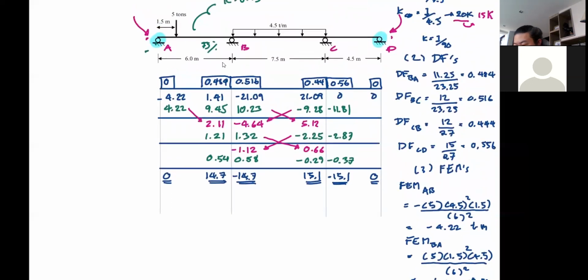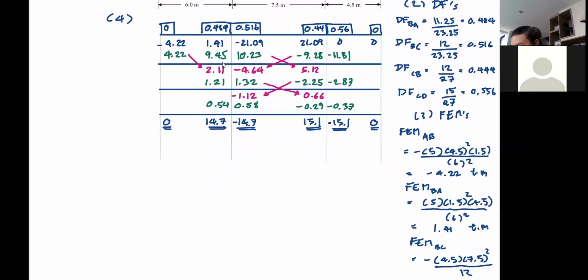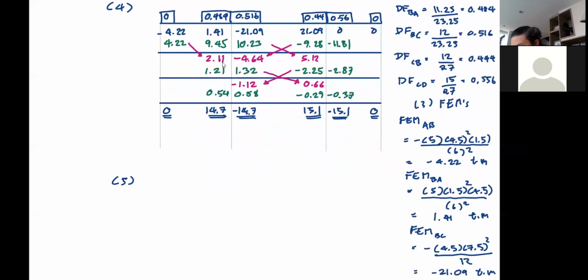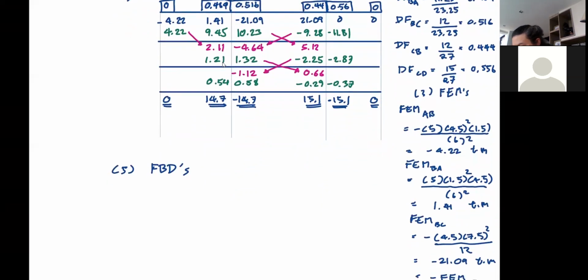Maybe this is your step number 4. If you want to be, say, precise with your step. Step number 5 is free body diagram, maybe. So we have this moment. Say I can use different colors, give you different feelings.